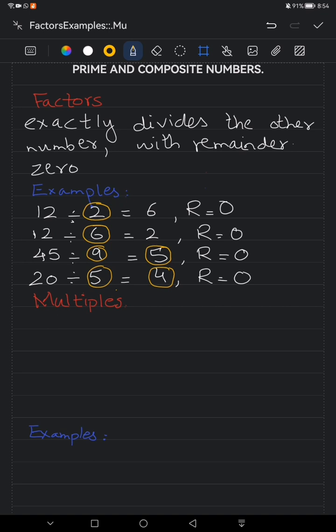Next comes multiples. A multiple is the answer you get after multiplying.